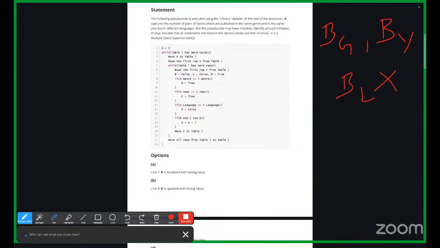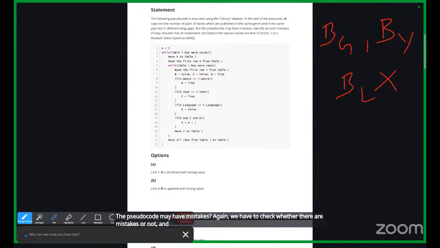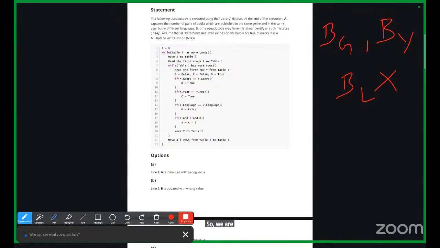The pseudocode may have mistakes. Again, we have to check whether there are mistakes or not, and if there are, we need to return the line numbers. So we are initializing three variables this time within two loops: B is false, C is false, D is true.